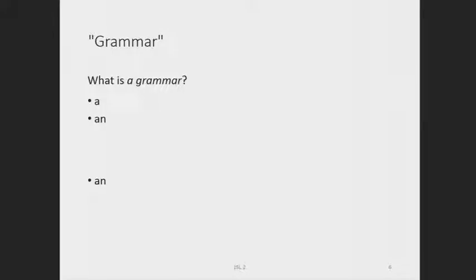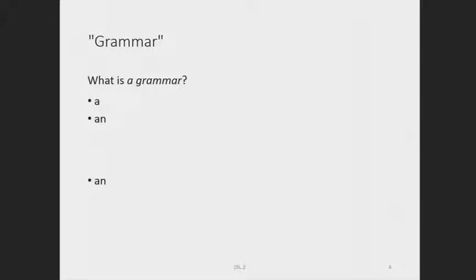What other meanings are there for grammar? Have you ever had someone say, can you bring that grammar over there? Or if you're at school, if you're a teacher, you might say, could you bring in the Murphy grammar to me? What do I mean then? A reference book, yes, exactly.